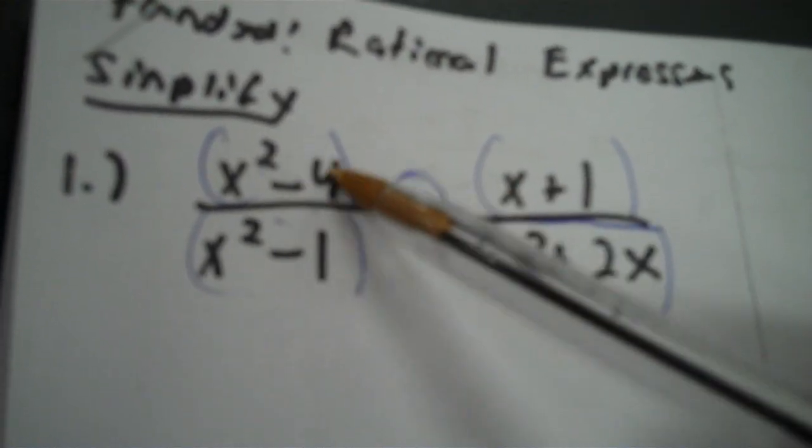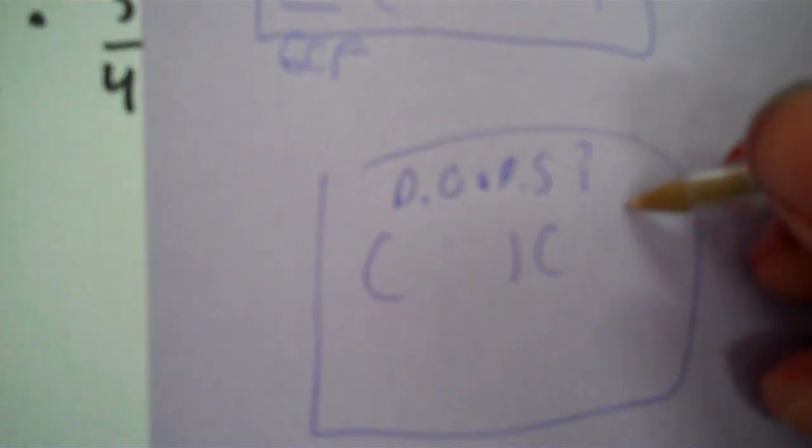Okay, so x squared minus 4, I see if I can factor that, and that's 2 terms, so I would check for a GCF, and then I would see if I have the difference of perfect squares. Okay, so I don't have the x in back, no negative, 1 and 4 is 1, so don't do that.